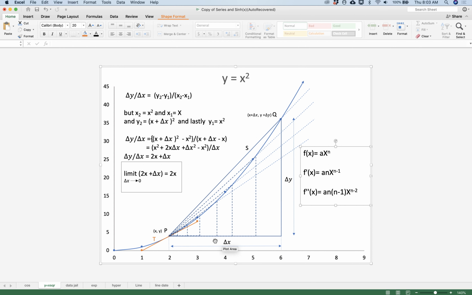So as we continue to shrink delta x, the hypotenuse of the triangle increasingly becomes parallel to the tangent line. And in the limit, when that delta x goes to 0, it becomes exactly the tangent line at that point of interest. So that's the important concept here.